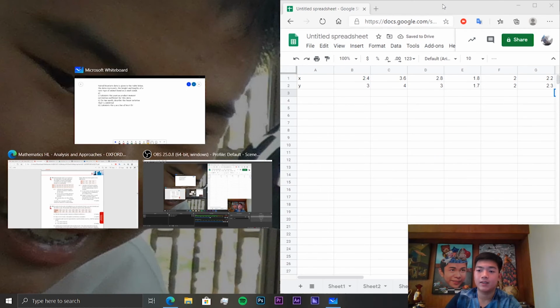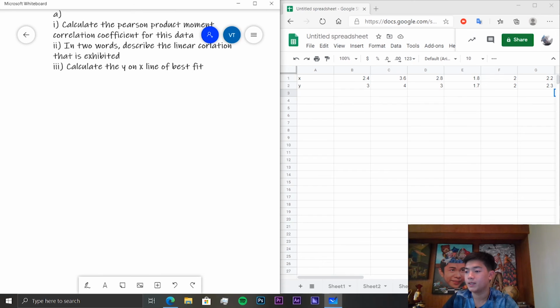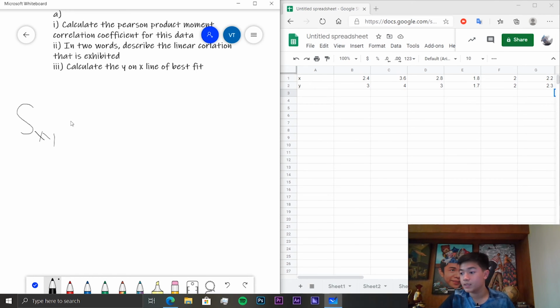So we need to calculate the Pearson product coefficient, which we can do again with the formula. Yeah, there was an error in the formula that they gave. That's why I think I got the last question wrong. But anyways, the product is equal to the covariance over the deviation of x times the deviation in y.